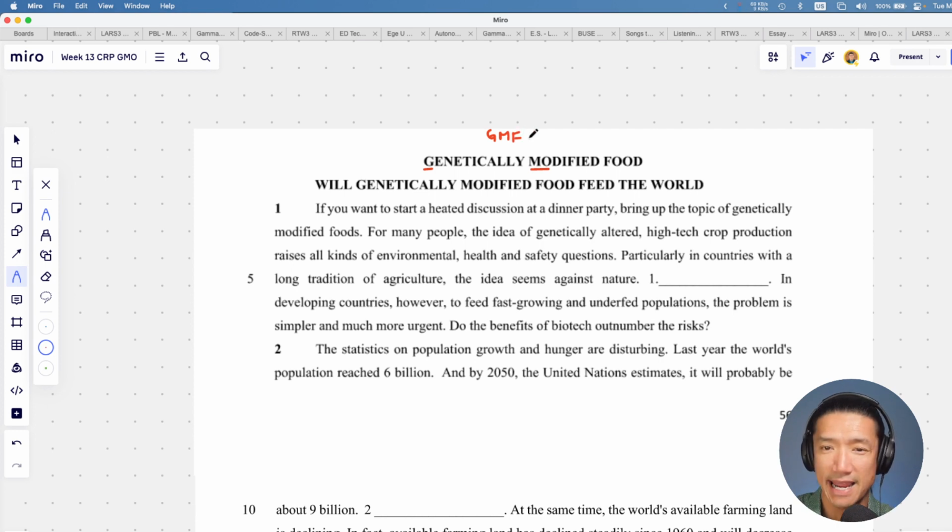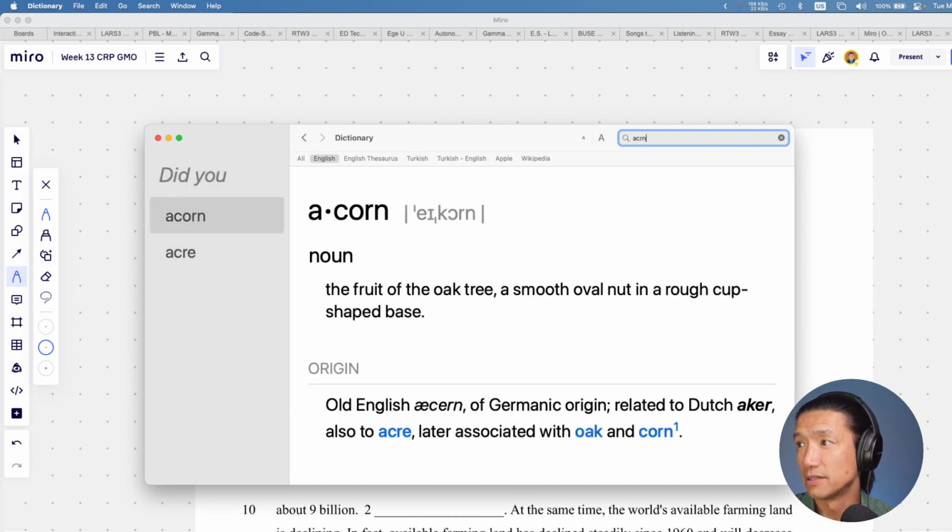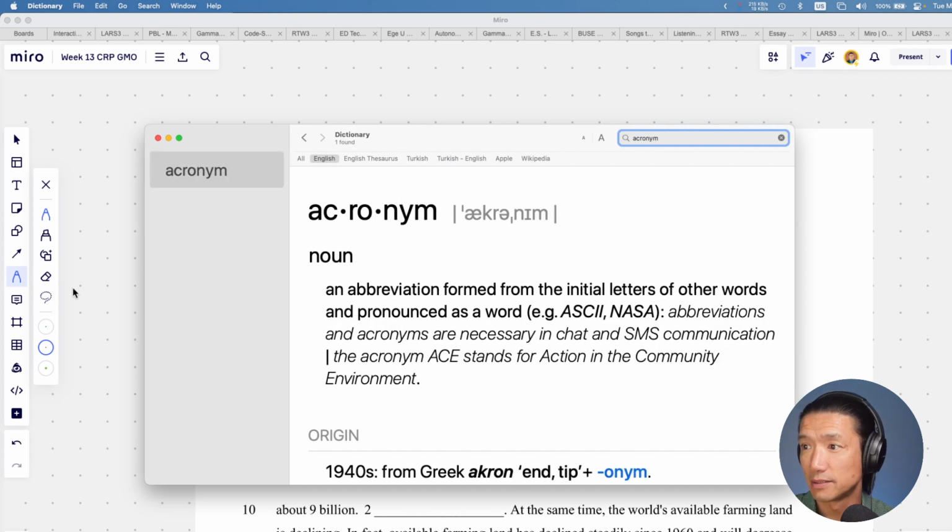This is what we call an acronym. You know, when you have a bunch of letters that represent a word, like UN, the United Nations, or USA, United States of America. So what is an acronym? An abbreviated form from the initial letters of other words and pronounced as a word, like NASA.